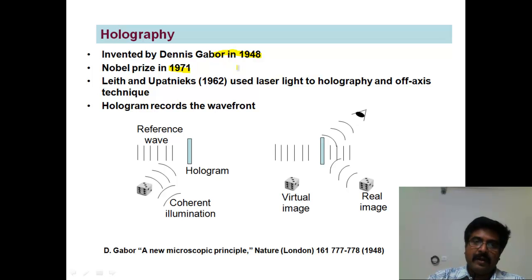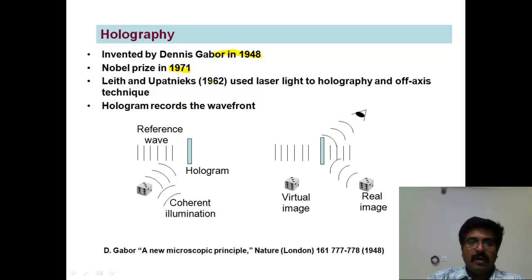Later on, Leith and Upatnieks in 1962 used laser light to record holograms in a special geometry called the off-axis technique. Later on I will discuss the off-axis method, and the advantages and disadvantages of the off-axis holographic recording technique.